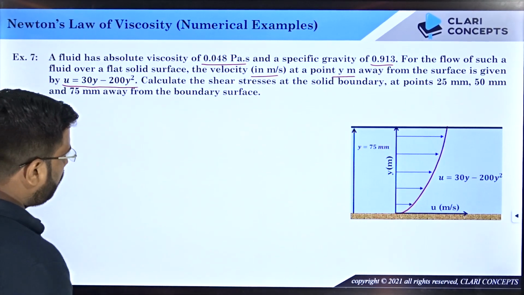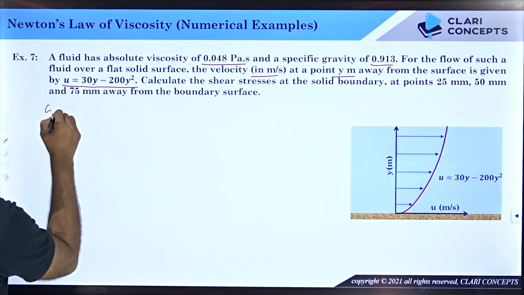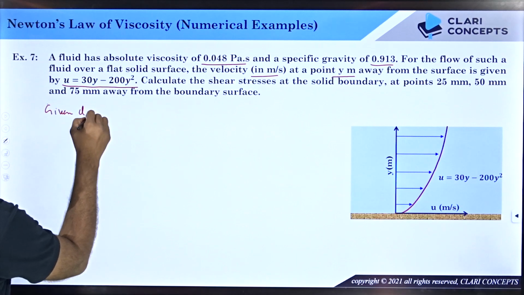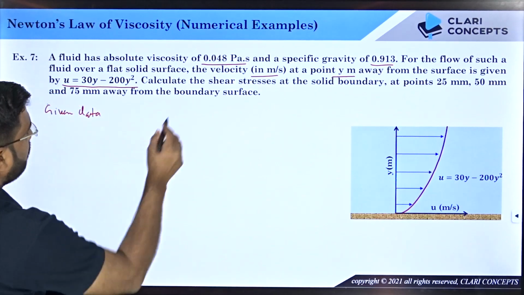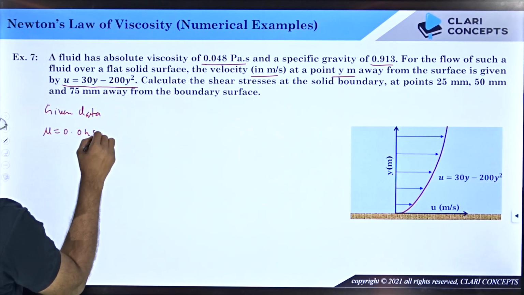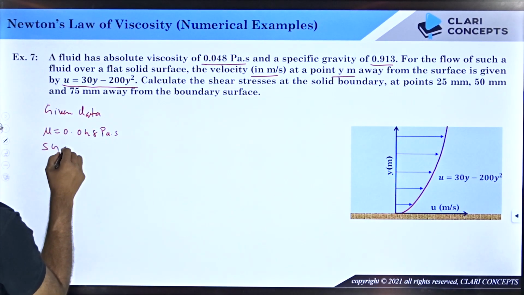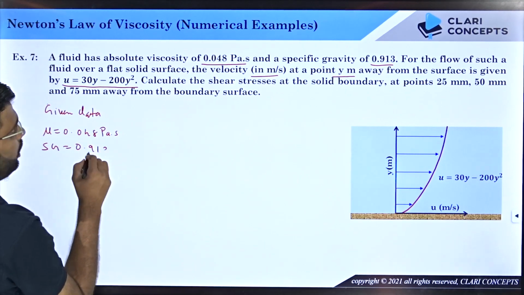Clear? So before moving to that, let us come back to the given data. Given data, very simple. Viscosity is given to me, which is 0.048 Pascal second. Already this is in SI unit. Specific gravity is given to me as 0.913.